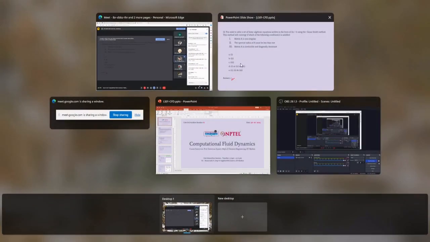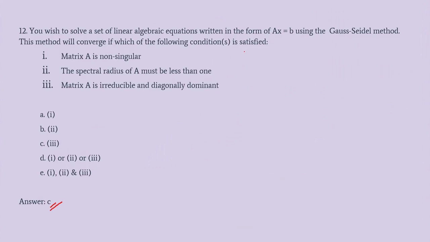Option one also satisfies the criteria, because if the matrix is non-singular, it means that the matrix is linearly independent. If it was linearly dependent, like one of the equations can be expressed as a linear combination of the other equations, then the determinant of that matrix should be zero. So a non-singular matrix also satisfies the criteria, but there is no combination in the options that are given, so we have to leave one.